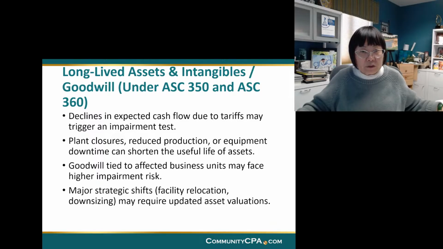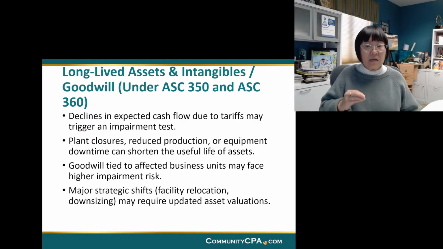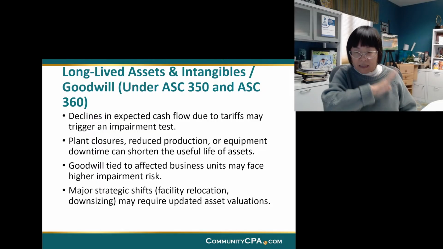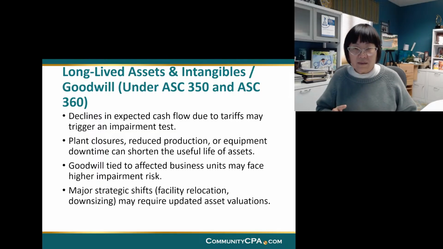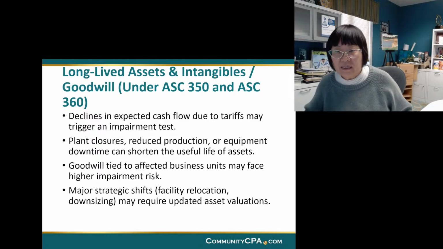That is under ASC 350 and 360. So this is where impairment testing comes in, and you can write down based on the losses that you see in your operation. It's the same asset, it's the same goodwill, but worth less. That's what that is.